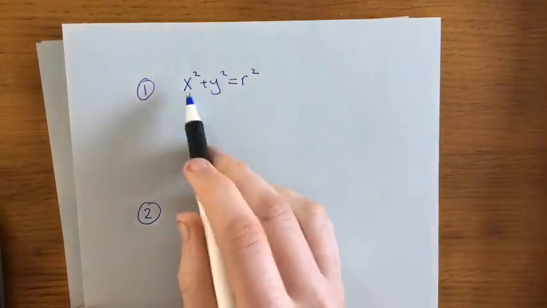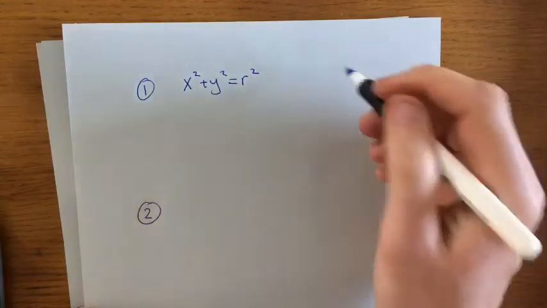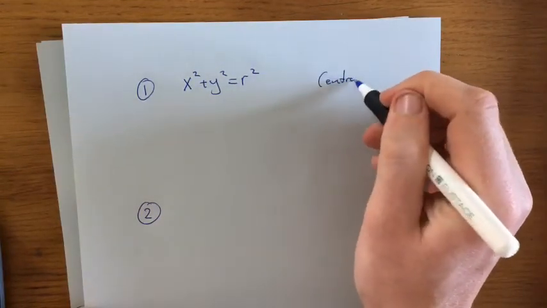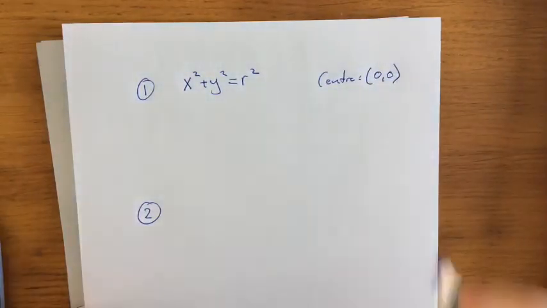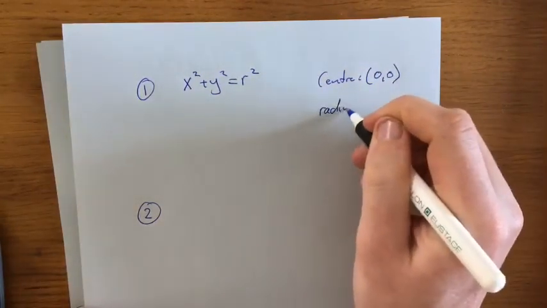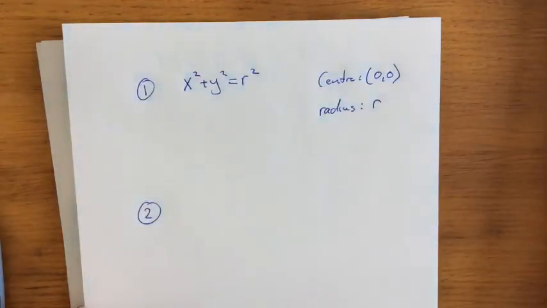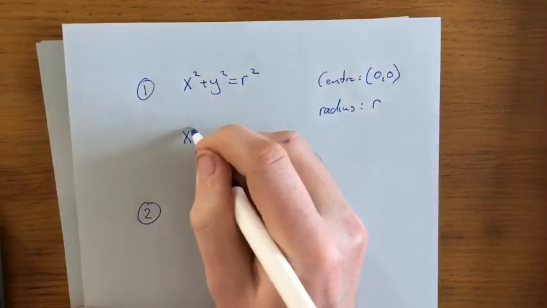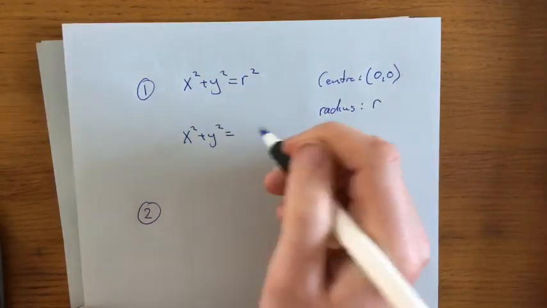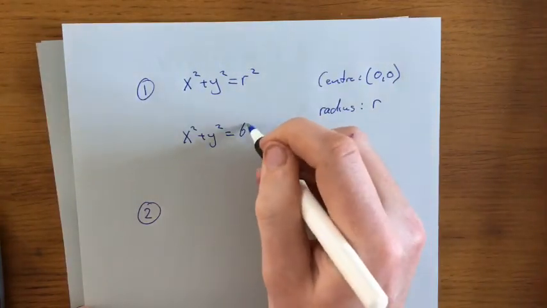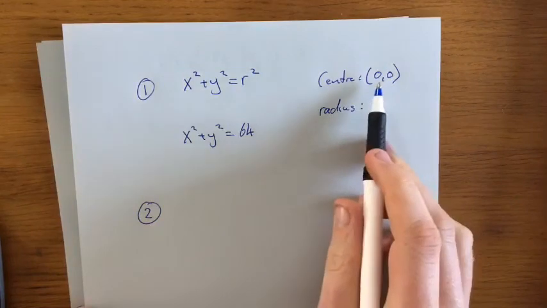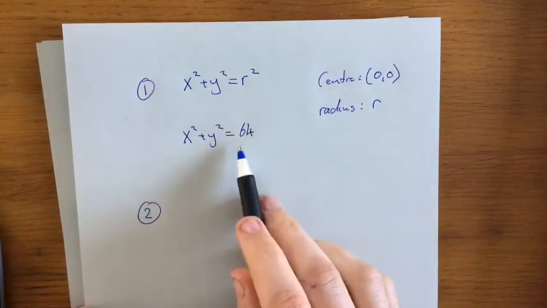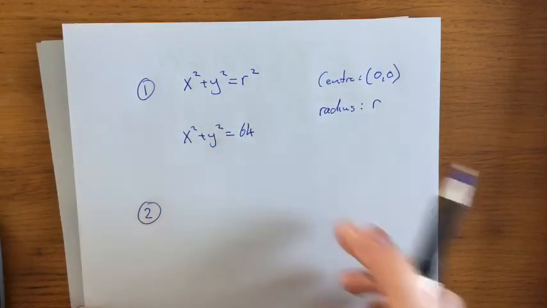So the very minute you see this type of equation, you know the center of the circle has to be on 0, 0, and the radius of the circle is r. So for example, if we were to see x squared plus y squared is equal to 64, well then straight away you know the center of that circle is 0, 0, and the radius would be 8.